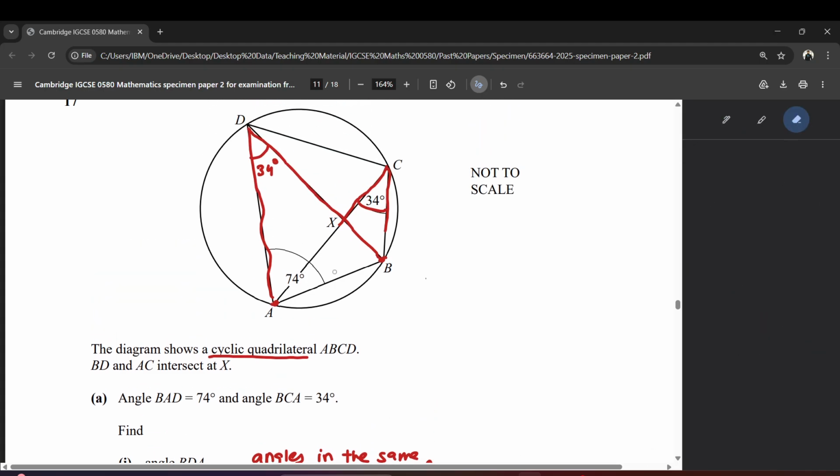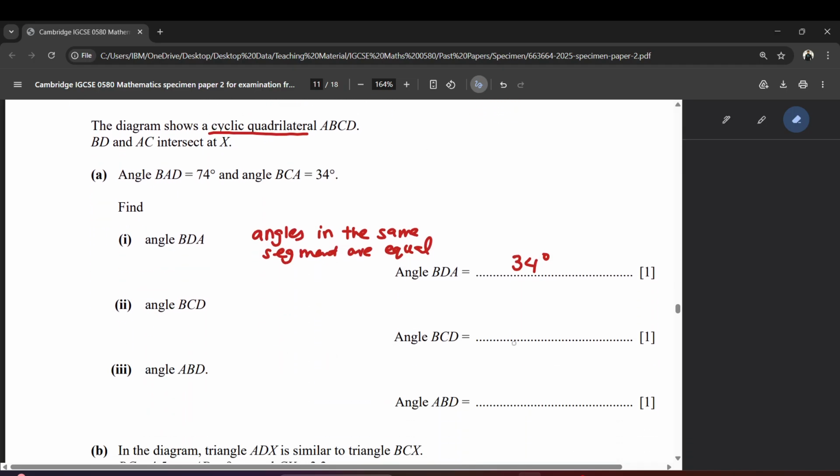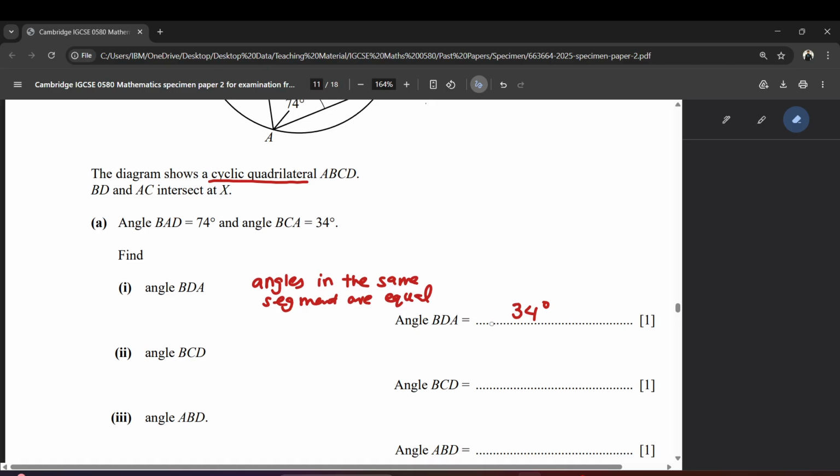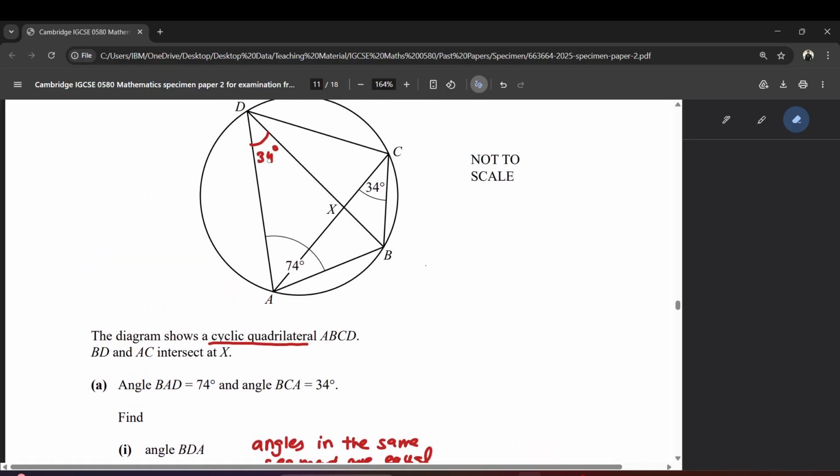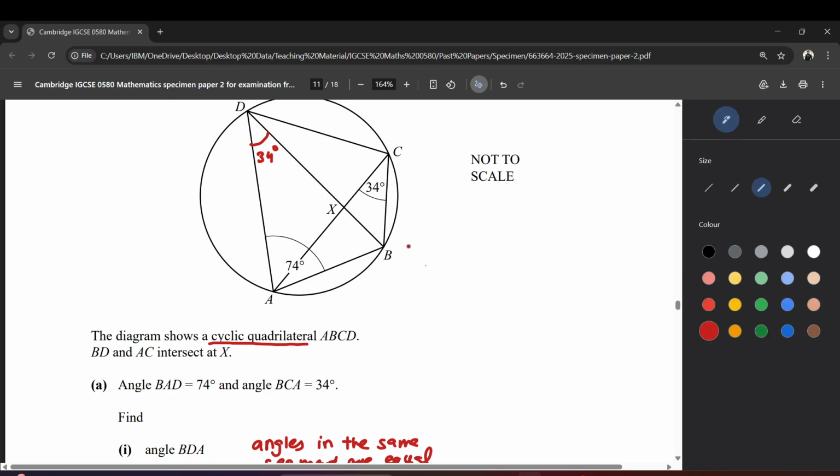Also, whatever angles you find throughout these questions, mark them on the diagram so that you know which angles are known, because sometimes in the subsequent parts you are required to use the information from the previous parts.